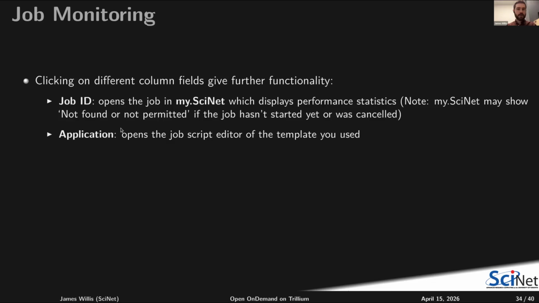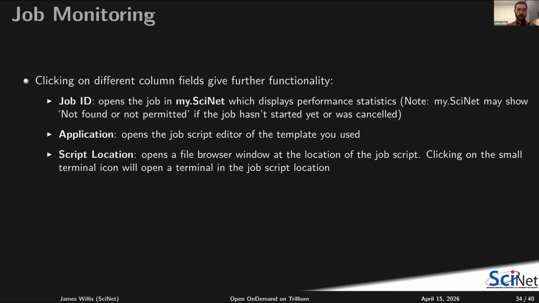If you click on the application column, that'll open the job script back in the editor from the template that you used. If you click on the script location, that'll open the file browser, so you'll be able to look at the location of your job script. You'll be able to open the job script, and there's also a little terminal icon, which will let you open a shell in that directory on the file system.